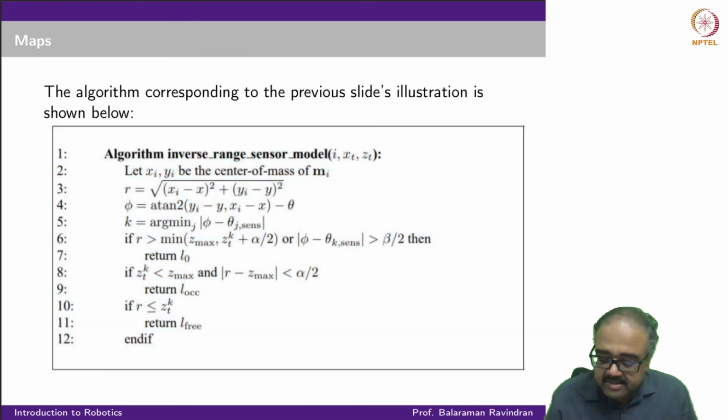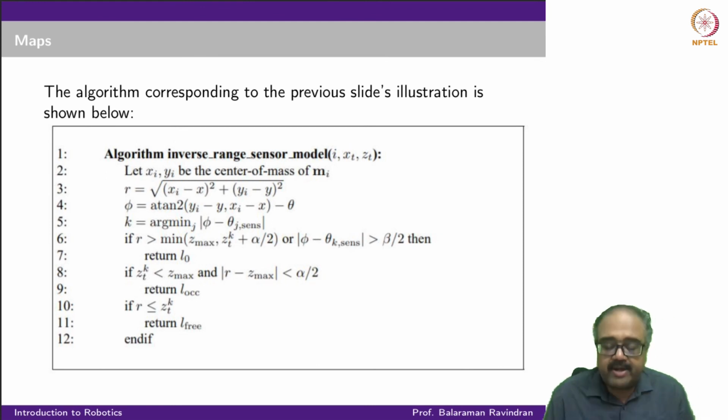The cell m_i is free if r is less than z_t^k. But if r is not less than z_t^k, if r is actually greater than z_t^k, then I'm going to say it's within alpha by 2, and then I'm going to say that the cell is occupied.